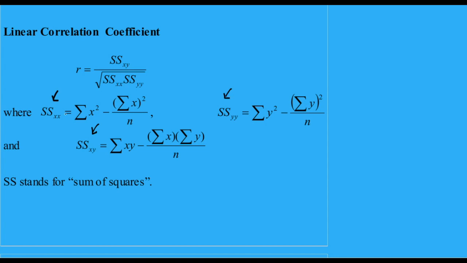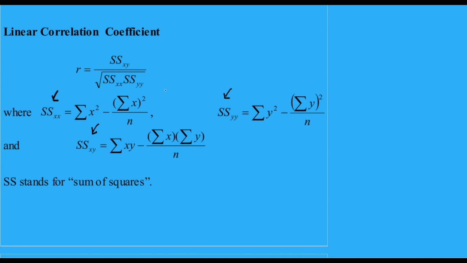So we have the sum of squares of xx, which is simply like your variance formula, only that we do not divide by n minus 1, and the sum of squares of yy, which is similar to sum of squares of xx, only that we use the variable y, and then we have the sum of squares of xy, where instead of x squared and y squared, we have xy, and here we have the sum of x multiplied by the sum of y.